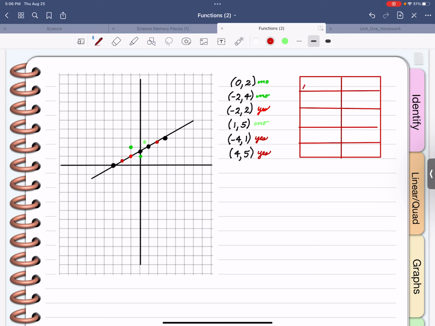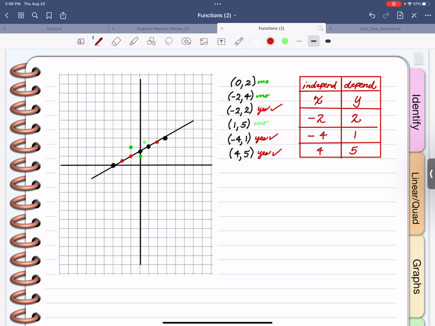I want to put in the independent, the dependent, just so you get used to the fact that those go with X and Y respectively. So we have a -2 and a 2. That was one of the points. We have a -4 and a 1, and then a 4 and a 5. The ones that were no's cannot go in the table. That is so important. Cannot go in the table.